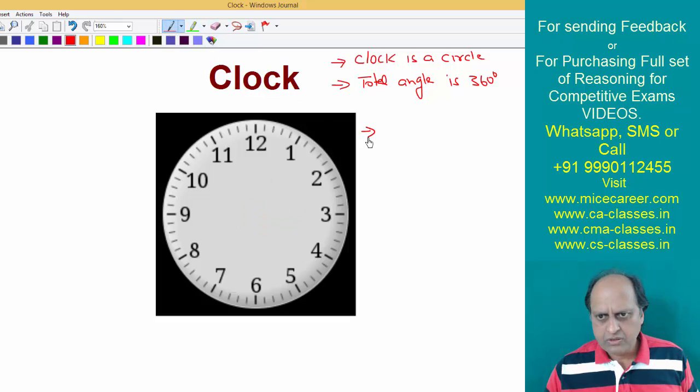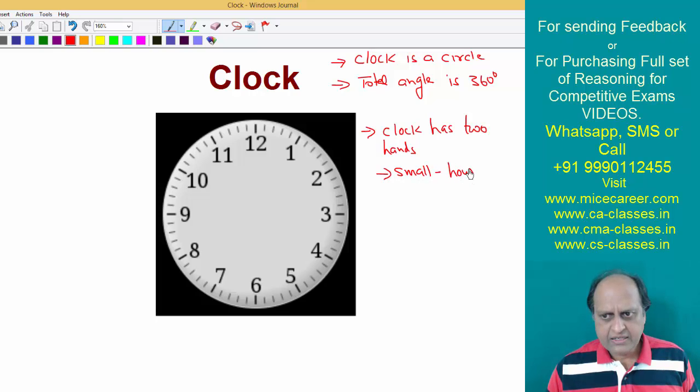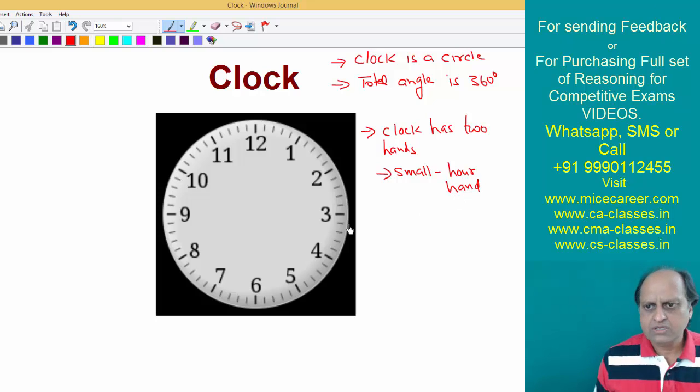Third point. Clock has two hands. The small one is the hour hand, hour or R, whatever way you pronounce it.